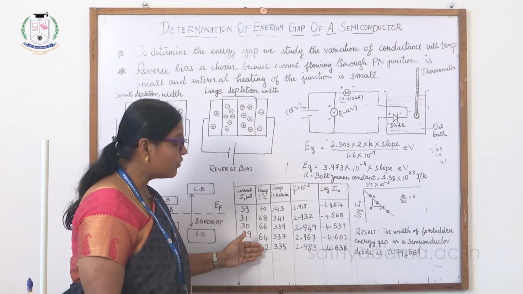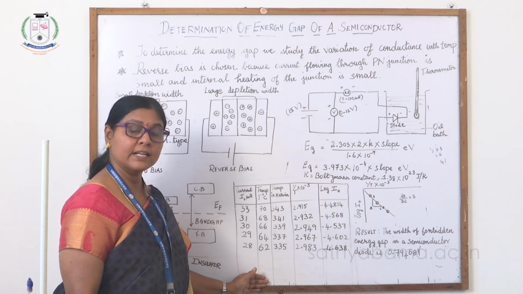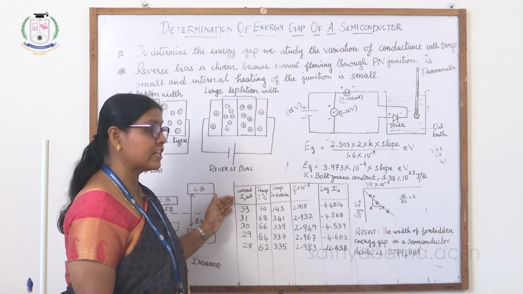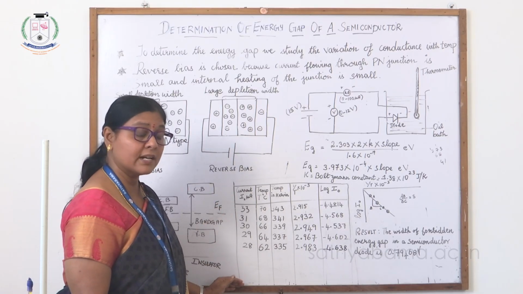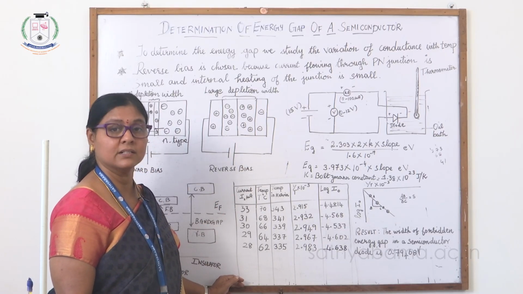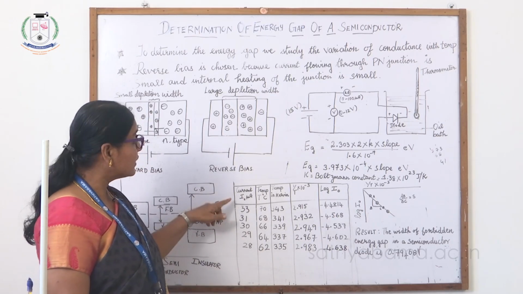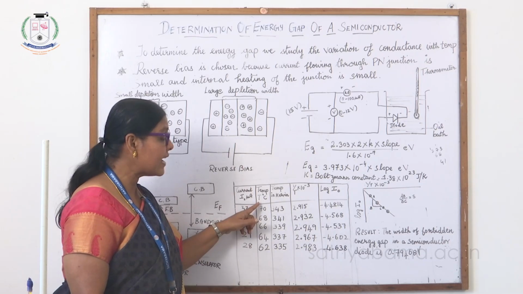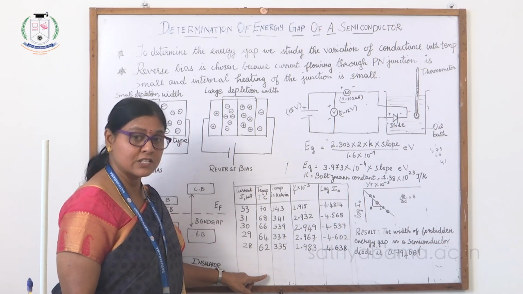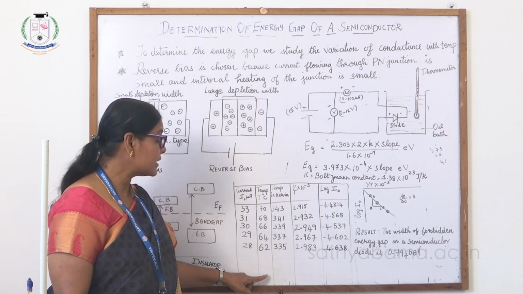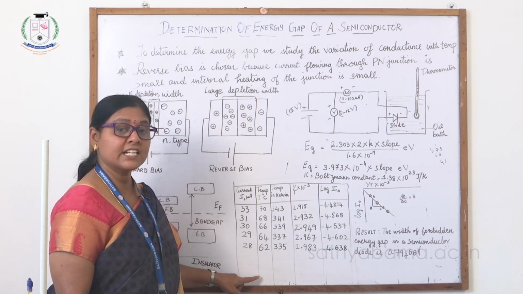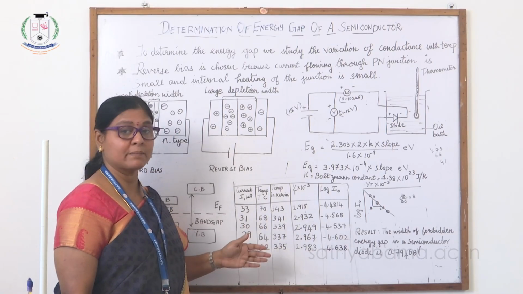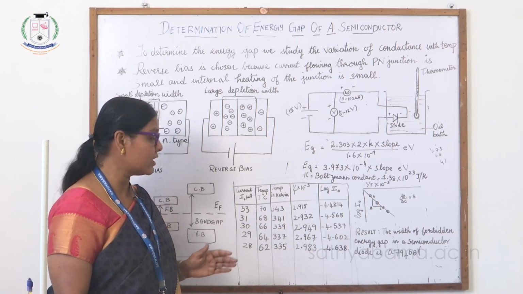Likewise, for a 10 degree fall in temperature, we note down the corresponding changes in the current flowing in your semiconductor. We also note that the current values continuously decrease as the temperature falls, which tells you that the electrons are incapable of moving to the conduction band as the temperature is falling down.